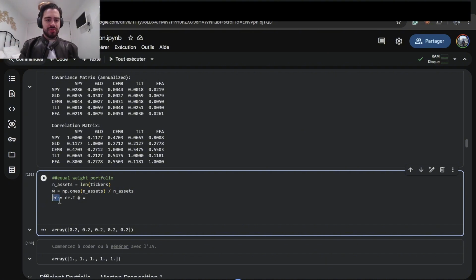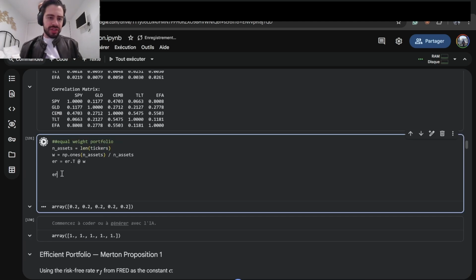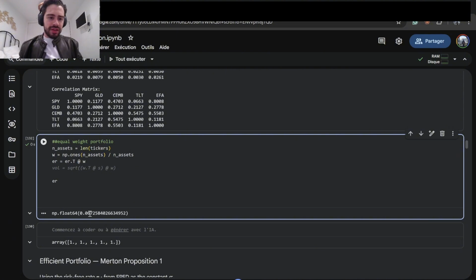So I multiply weight 1 times expected return 1, plus expected return 2 times weight 2, and it's the sum of all of this. It gives me the expected return, 0.06.